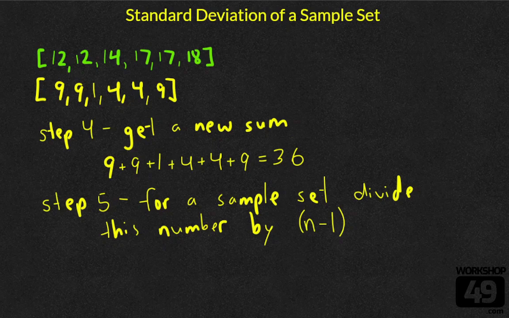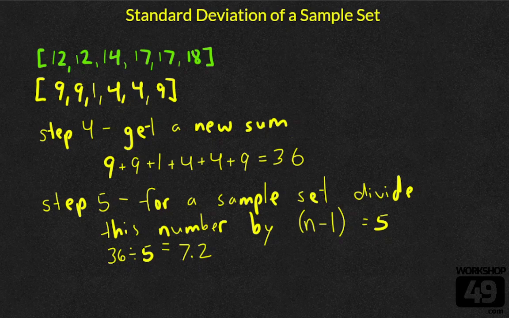However, if your sample size is quite small, in this case we only have 6, and in class I often use about the number 30, but it needs to be normally distributed. As that number gets really, really big, the difference between n and n minus 1 becomes negligible anyway, but in this case, my n is 6. 1, 2, 3, 4, 5, 6. This n minus 1 is going to equal 5, which means we do 36 divided by 5 equals 7.2.